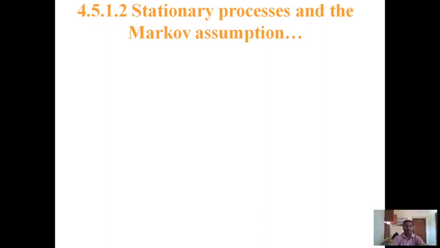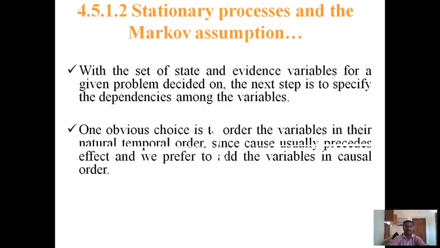Then the second point is stationary process and Markov assumptions. With the set of state and evidence variables for a given problem decided on, the next step is to specify the dependencies among the variables.